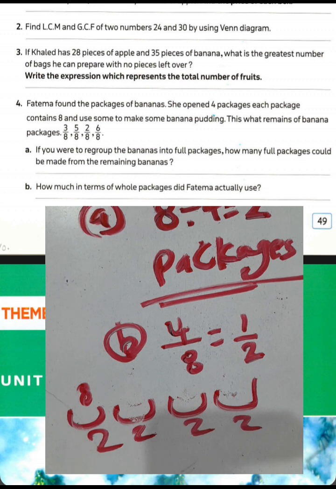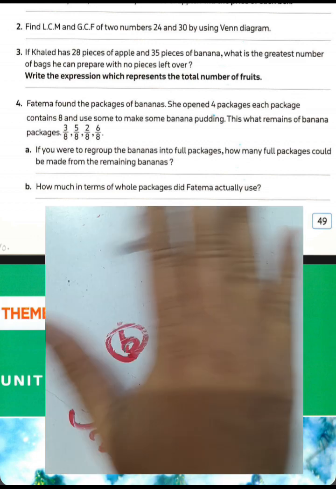Fatima used the half, because the packages are 3 over 8 and 5 over 8 and 2 over 8 and 6 over 8. She used the half. Good.